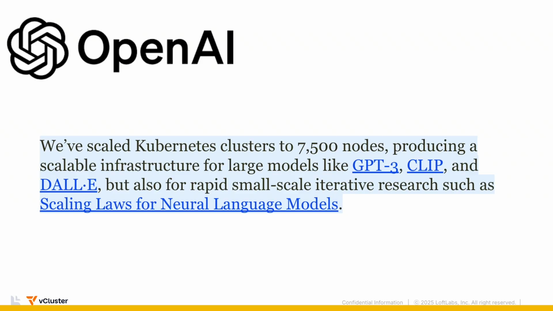And of course, if you look at GPT-5, which is one of the largest models that was just launched a couple of days ago, or GPT OSS, they have all been trained by using a large number of GPU nodes on Kubernetes that is running inside of OpenAI's cluster.